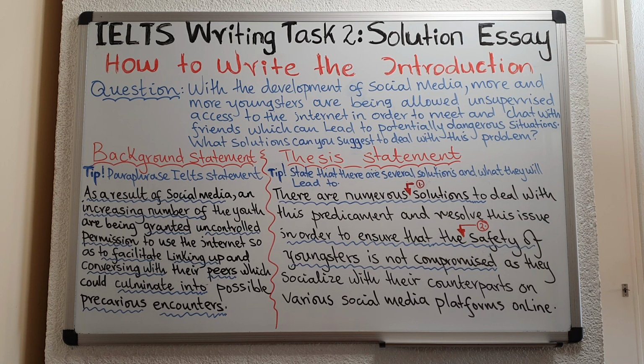Now you notice I keep the word social media. The reason being, if I change that word, there is a chance that it's going to affect the meaning of IELTS statement. And I don't want to do that. So I keep the word social media, but I replace with the development of with as a result of. Remember, I'm aiming for band 9 in this particular essay.